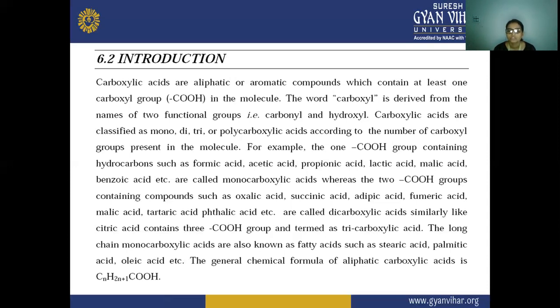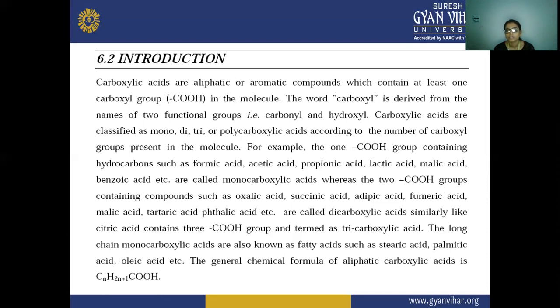So for example, hydrocarbons containing one COOH group, such as formic acid, acetic acid, propanoic acid, lactic acid, benzoic acid, etc., are called monocarboxylic acids. Why are they monocarboxylic acids? Because they are containing one COOH group in them.